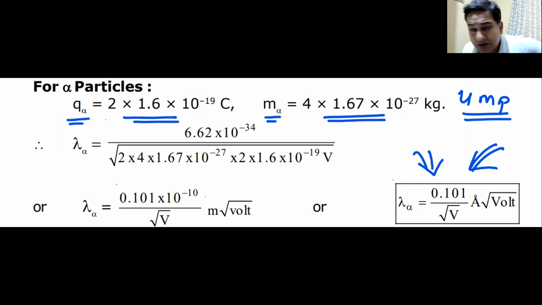Now, how do you keep on remembering these formulas? You just make a list of all these formulas and paste it. Wherever you sleep, you paste it on your ceiling, or if you are sitting, you paste it on the wall right in front of you. Every time you see the formulas, that is how you will remember them. You will have to see them every day, every hour, every minute of your life from now onwards till the day you give your exam.